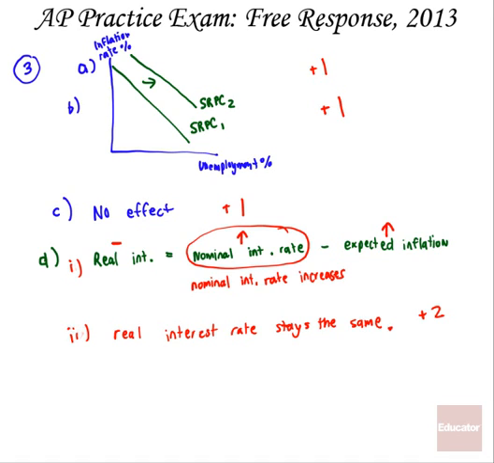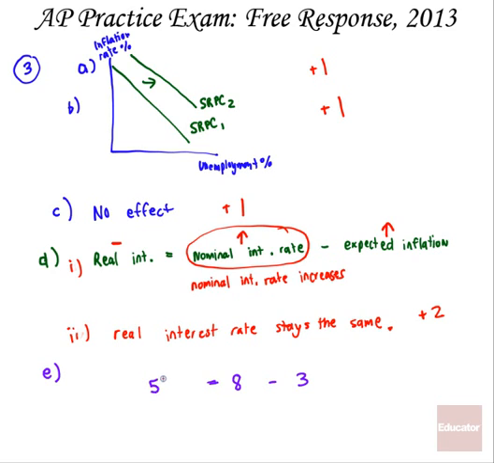Okay, and the final part, E, is a question where they actually probably give you too much information, so it's really simple math here. So you have the equation, real interest rate equals nominal interest rate minus expected inflation. You know the nominal is 8%, so you put in 8% for nominal. And you know that the inflation rate is 3%. What is 8 minus 3, ladies and gentlemen?